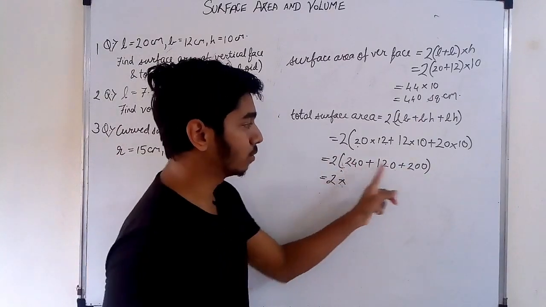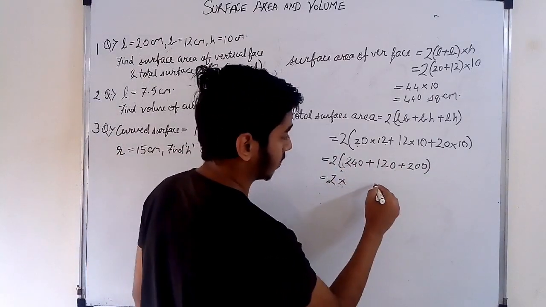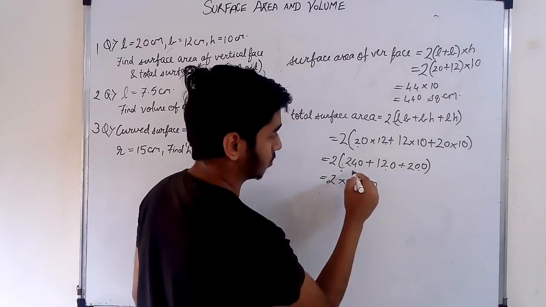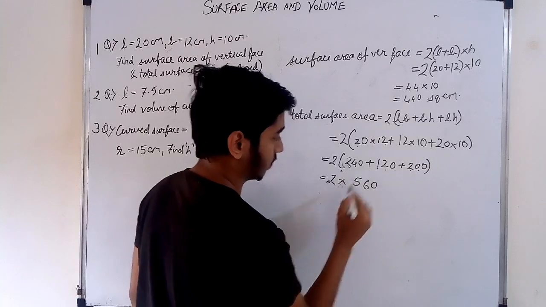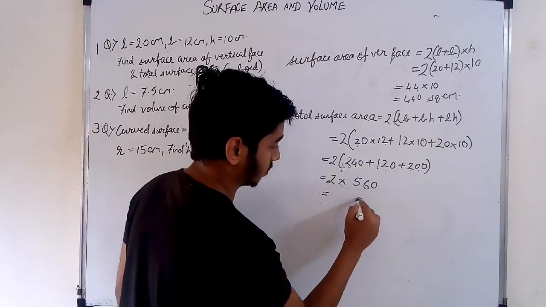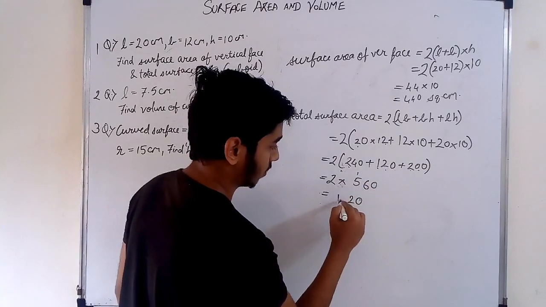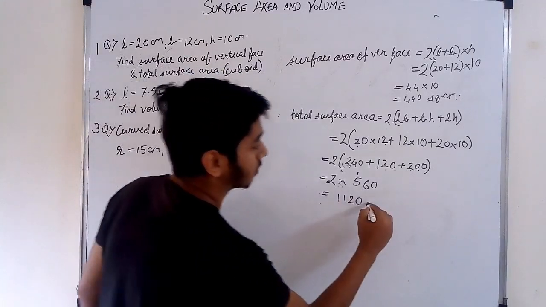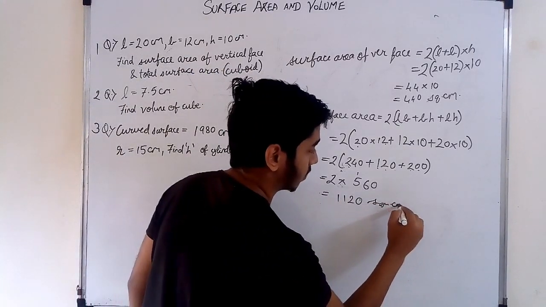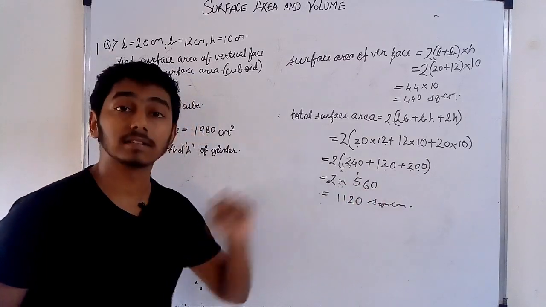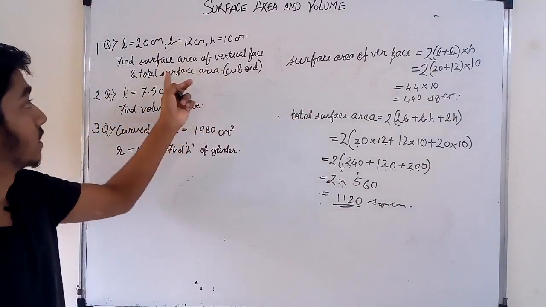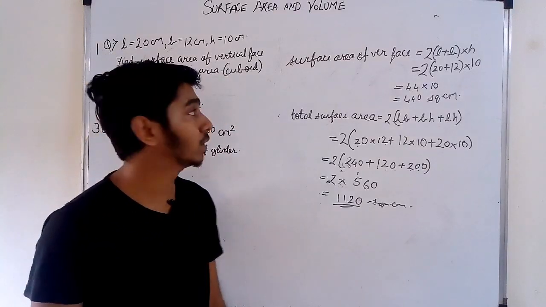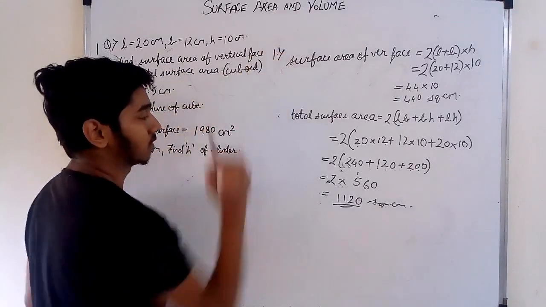Adding them all, you get 560, and 2 into that is 1120, that's your answer. Simply multiply it and see what you get. So this is your answer for the total surface area of the cuboid. Okay, so that is your first question.